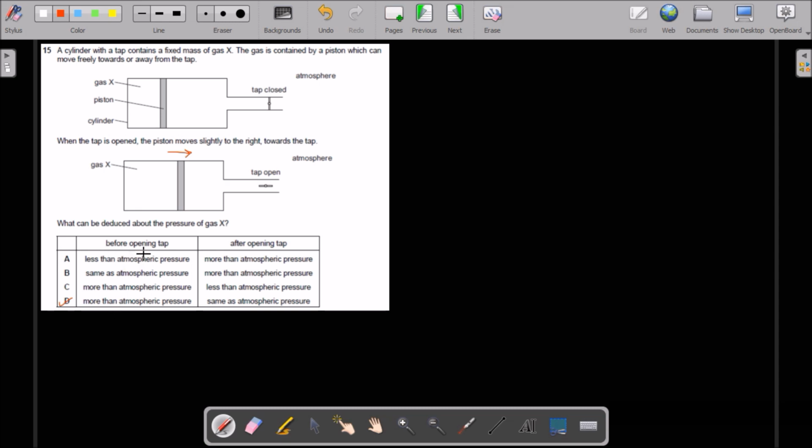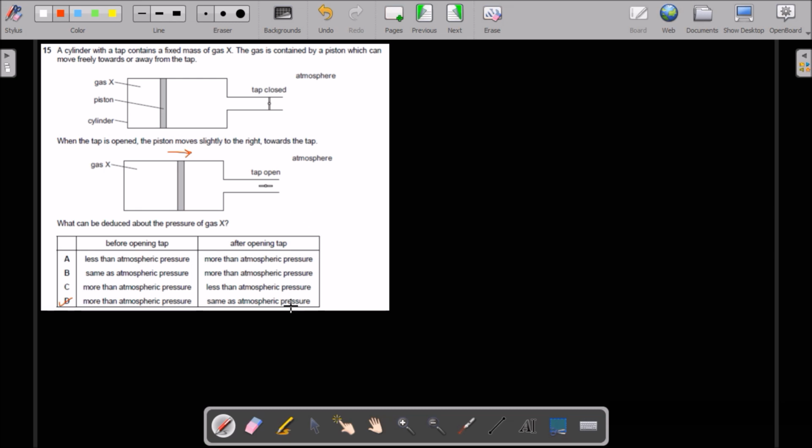So before opening tap, pressure is more than atmospheric pressure inside the cylinder. That's why between C and D we should choose. And then after opening tap, outside and inside have same pressure.